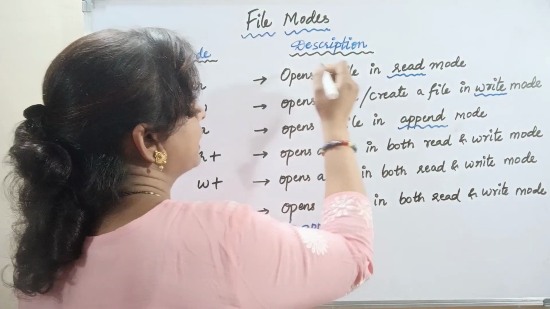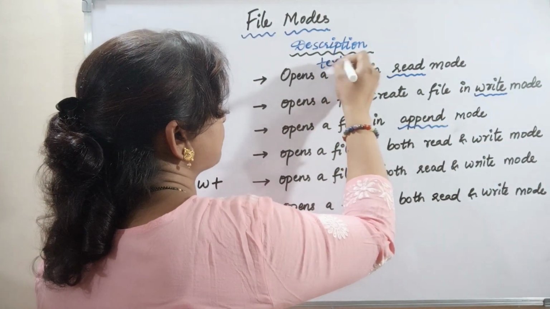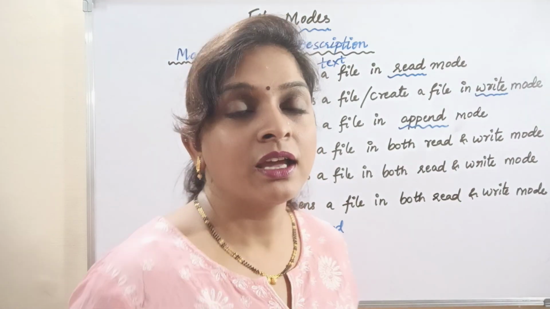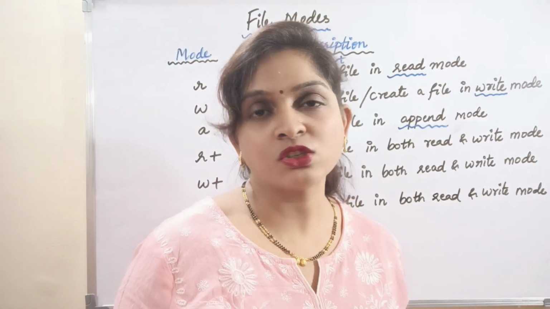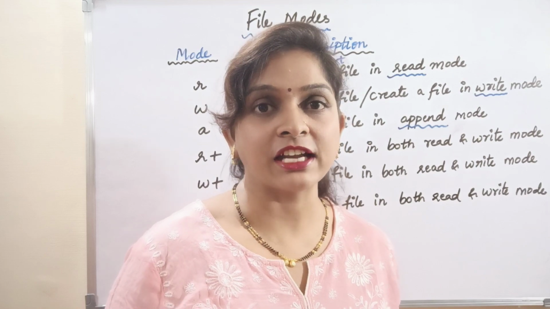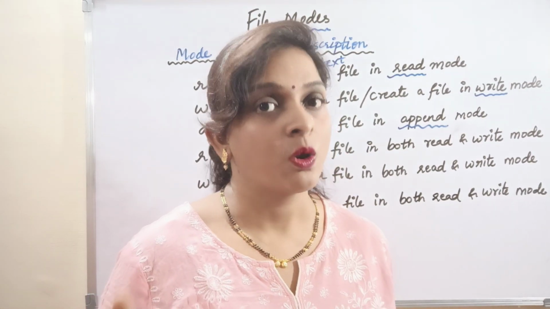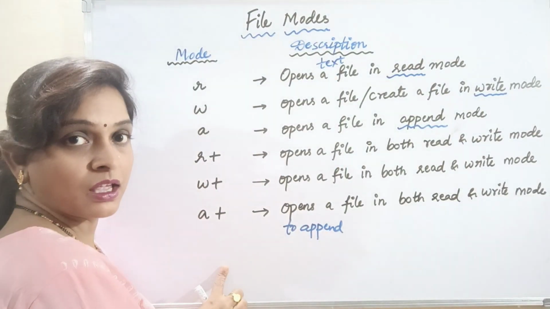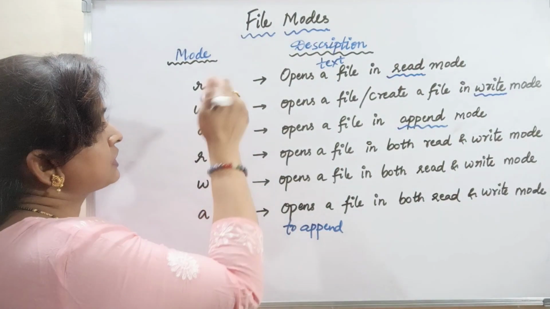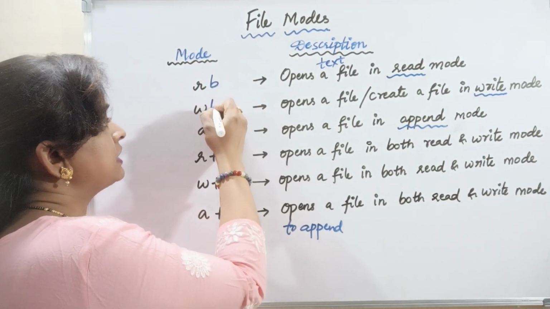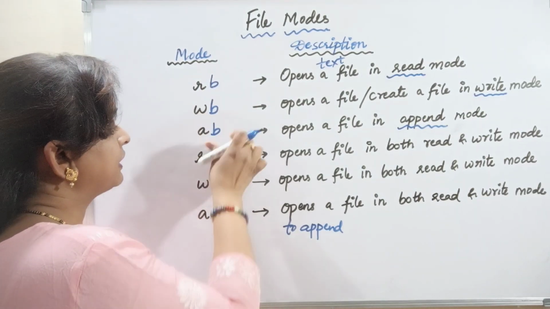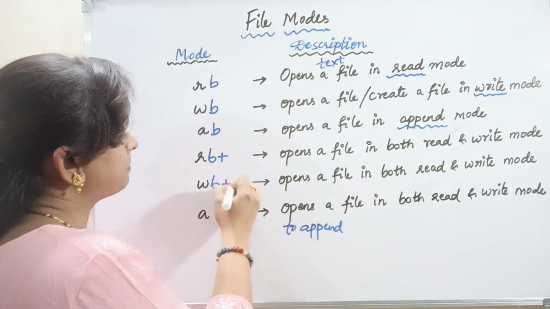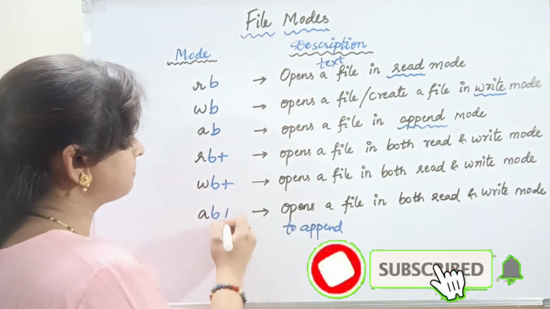File in the sense it means to say it is a text file. So as we have studied in the previous video, we have two types of files, text file and binary file. So text file consists of ASCII values and binary files consist of the binary code, zeros and ones. So I can open the text file with these modes. But if I change the mode here, if I just say RB, WB, AB, then I say RB plus, WB plus and AB plus.